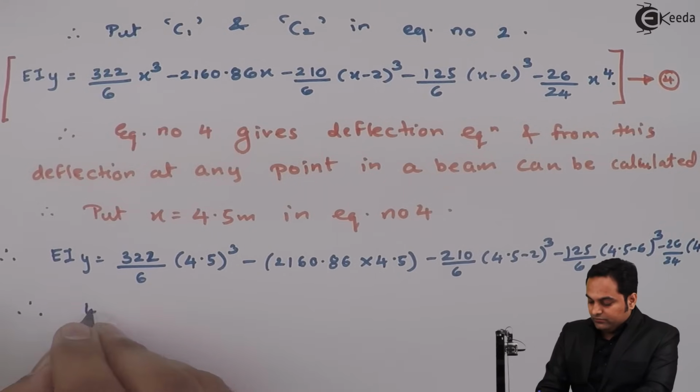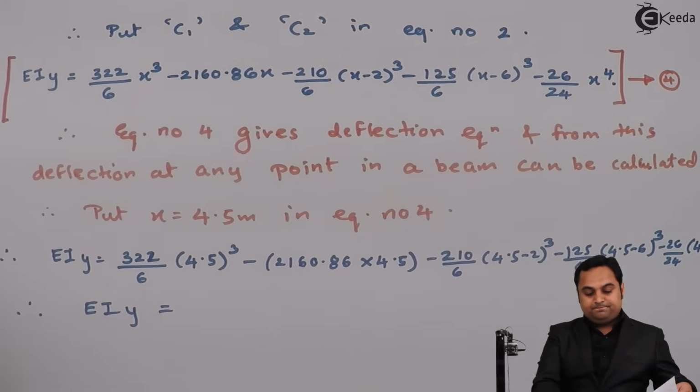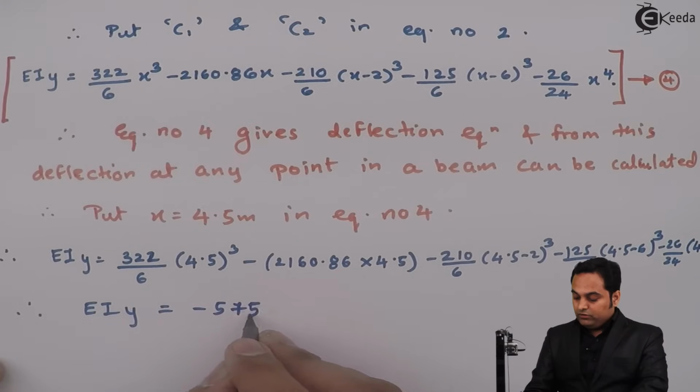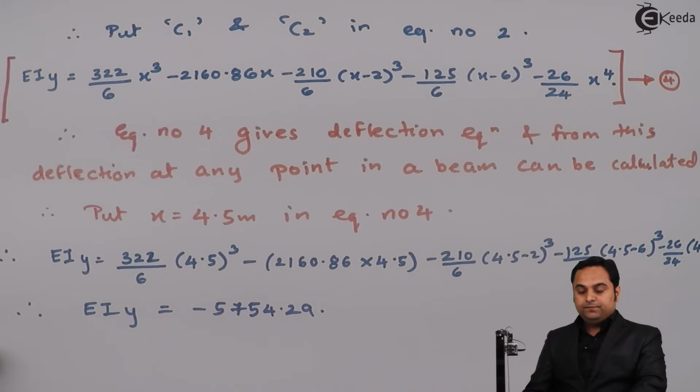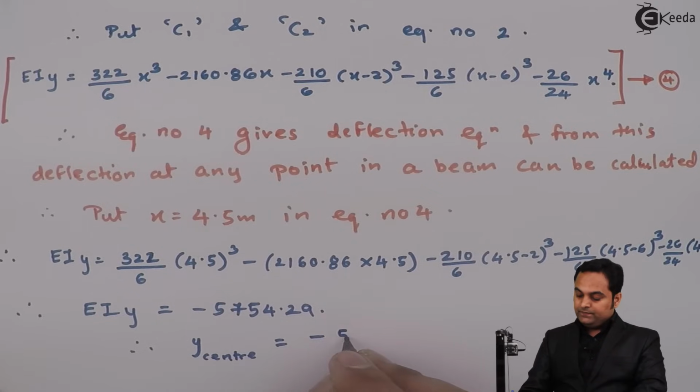So here on calculating this, I am getting my answer as minus 5754.29. Since we want the deflection y, it is at the center, that is equal to minus 5754.29.